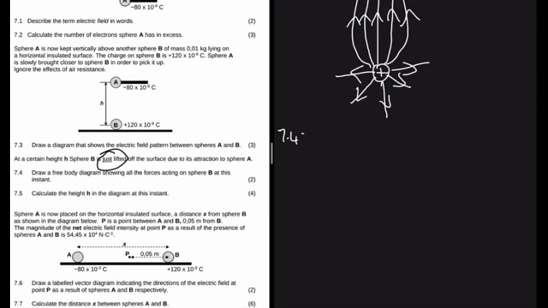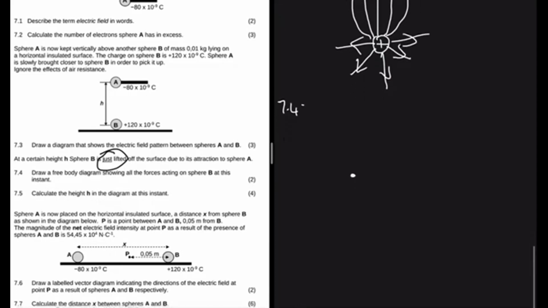So let's talk about the key word "just" in this statement. If it is just lifted off, then that tells us that the force that is lifting it off and the force that is keeping it down are very close to each other. They are approximately equal. So that's why it is just lifted off for a split of a second, right? So let's look at sphere B and do some analysis.